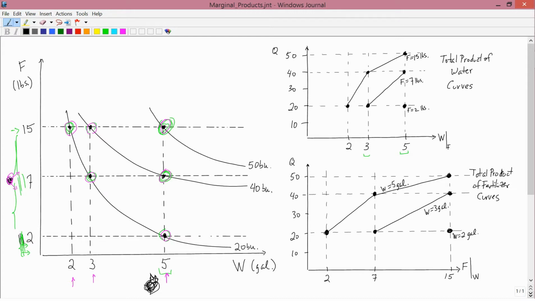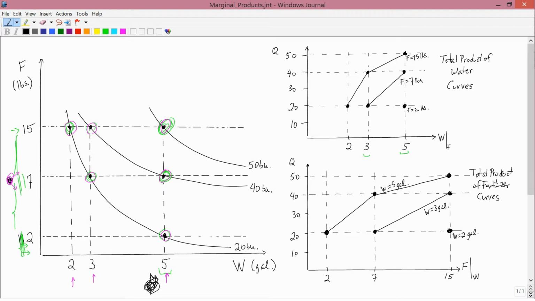And it's particularly of note that if you look at the highest curve on both of these graphs, on the one on the upper right, it's the F equals 15, and the one on the lower right, it's the W equals 5. You see that they're concave.